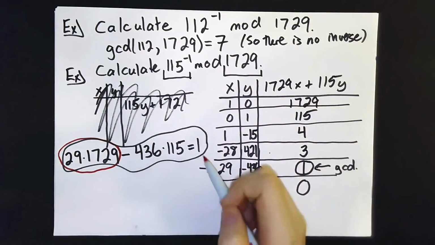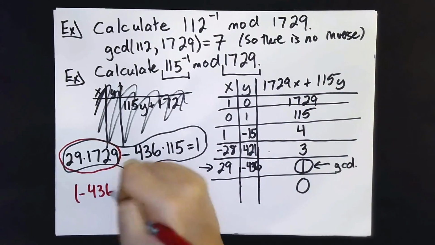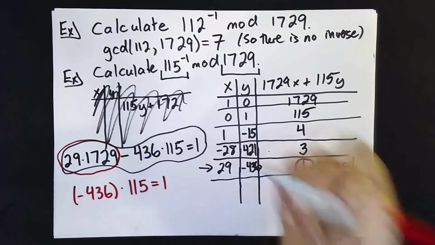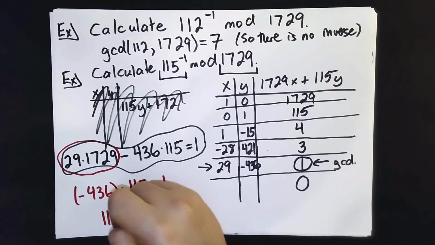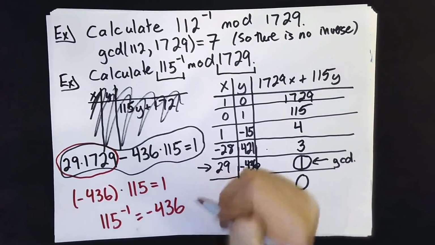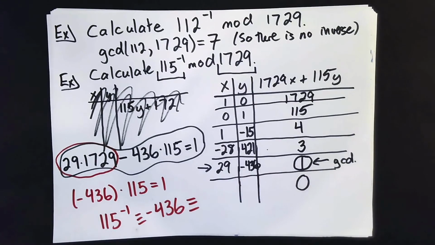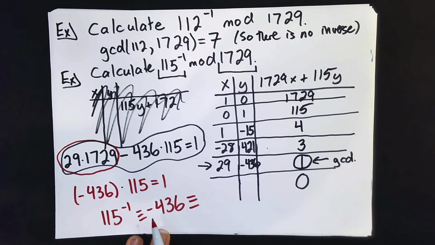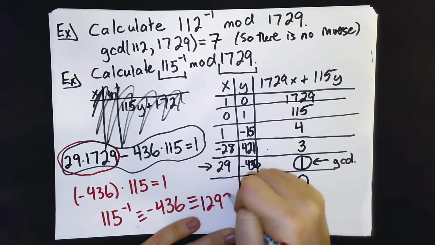And so mod 1729, what this actually says is that minus 436 times 115 is equal to 1. And so that's exactly telling me that 115 inverse is minus 436. Now, you might prefer not to use minus numbers, and so instead of this, you might rather add 1729 to this, in which case what you'll get is 1293.